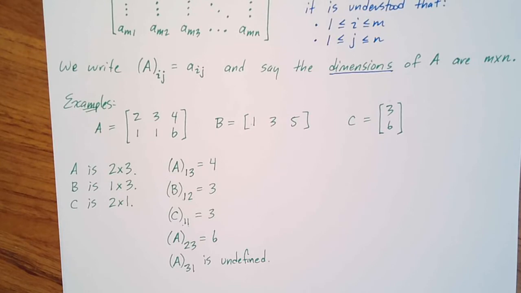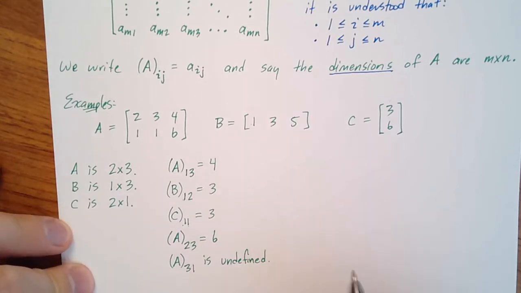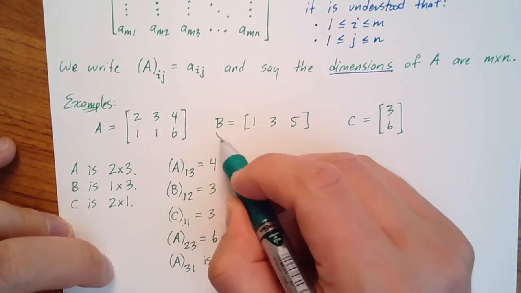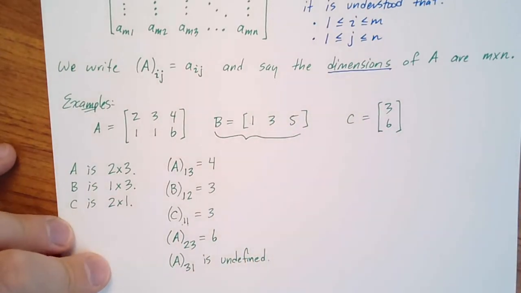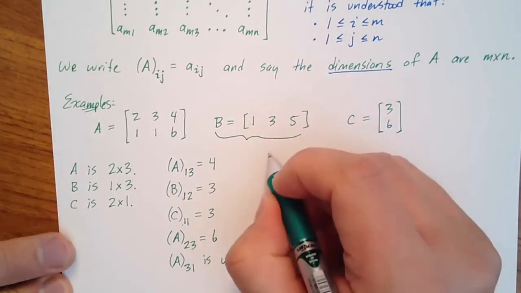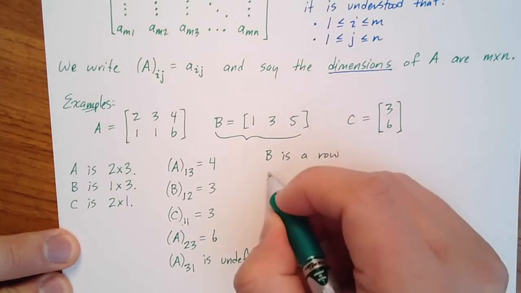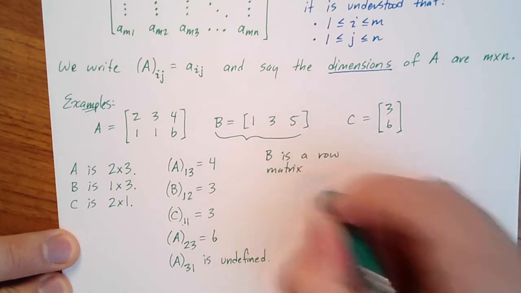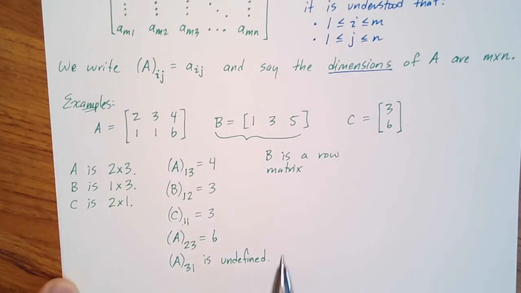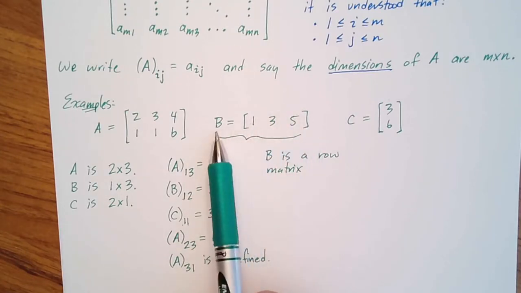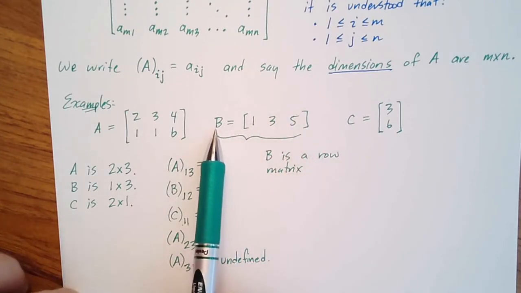A comment here. B is called a row matrix. You write that over here. B is a row matrix. You might be able to guess why. Just because if you look at it, it is a row. It consists of a single row, so it essentially just is a row.